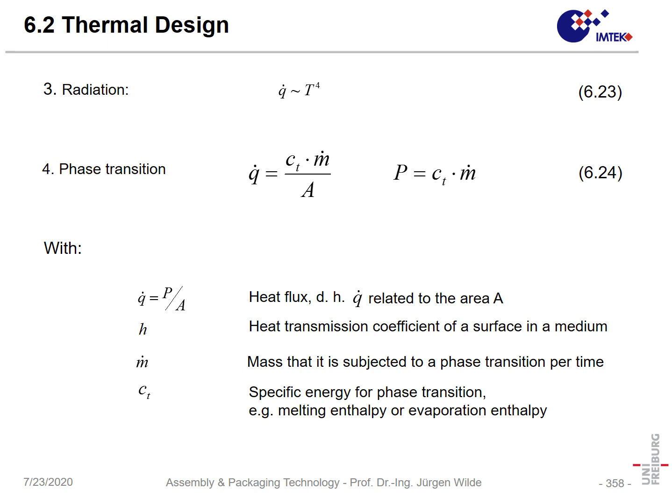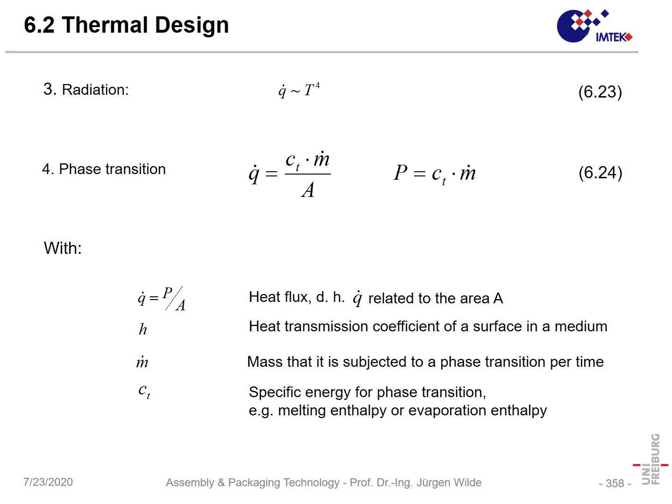some kind of wax, for instance, and that wax would melt, and then you can keep it at the melting point of that wax. The dissipated power density is some constant, which is more or less the specific heat for the phase transition. So that can be the heat of fusion, that can be the heat of evaporation.